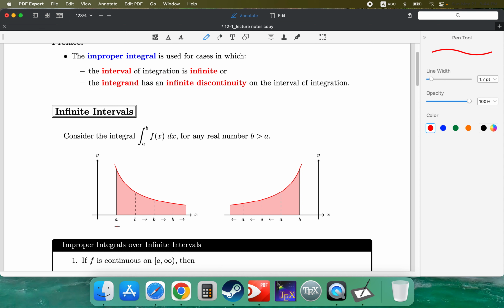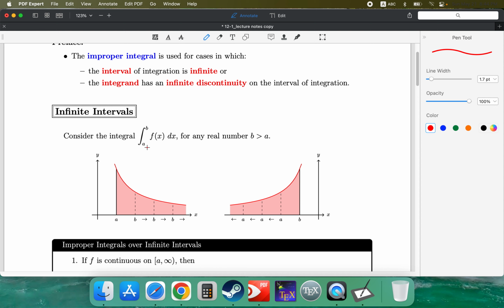For example, I can integrate this function from 1 to 2, and then from 1 to 3, from 1 to 4, and we keep increasing the value of b. Eventually, we will let b go to infinity. So that's the idea.